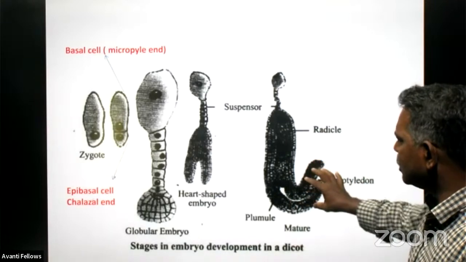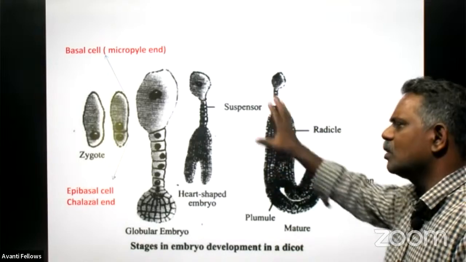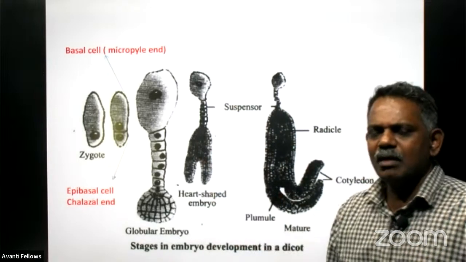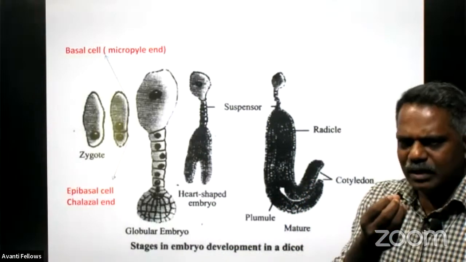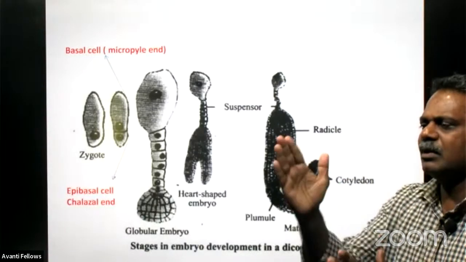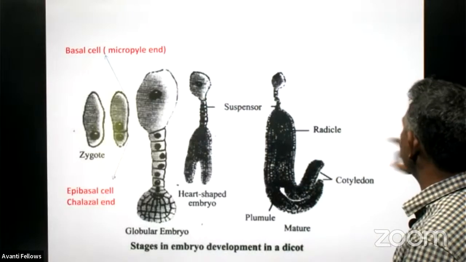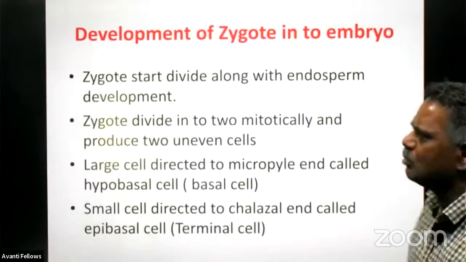So the food stored in the cotyledon is completely utilized for the development of the embryo into a plantlet, whereas the endosperm also stores food material, but this food is utilized only for the development of the zygote into an embryo. So that is what we are going to discuss here in detail, the development of the zygote into an embryo.